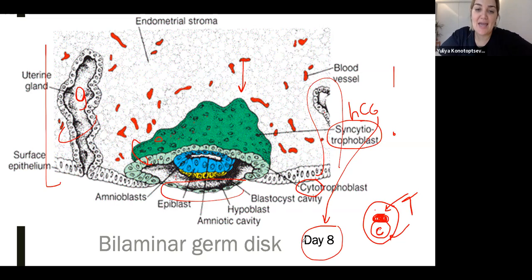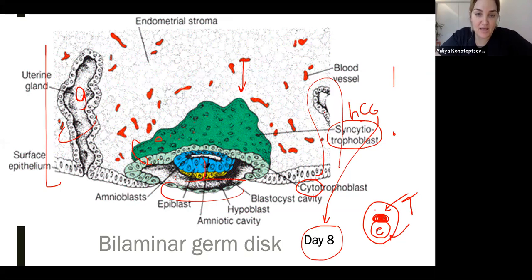Simultaneously, on day 8, your inner cell mass also divides into 2: the top layer, which consists of tall columnar cells known as the epiblast, and the bottom layer, which consists of small cuboidal cells called the hypoblast. So the inner cell mass differentiates into 2 as well, the epi and the hypoblast.